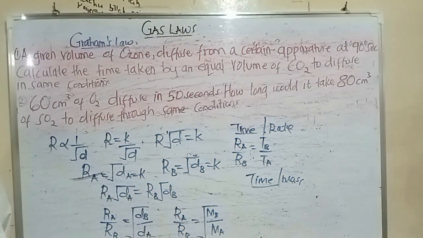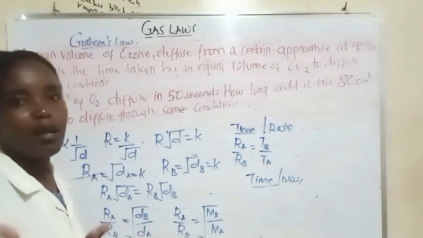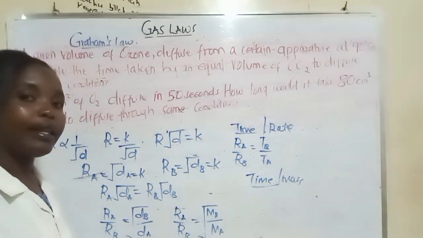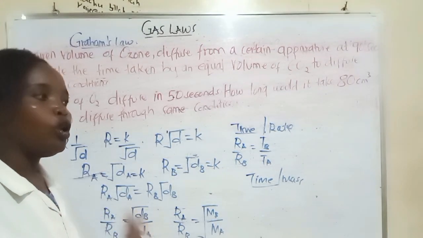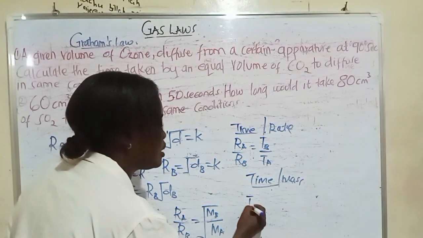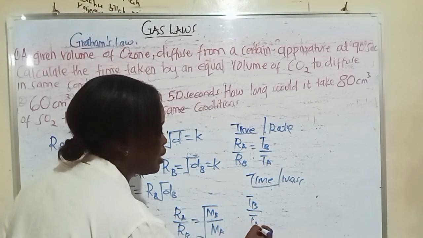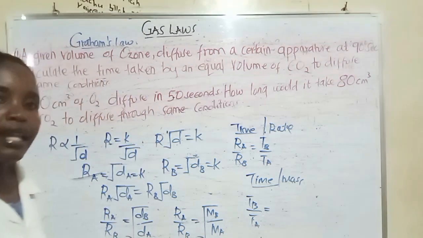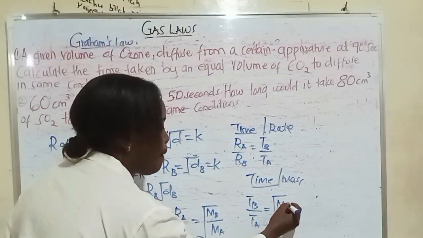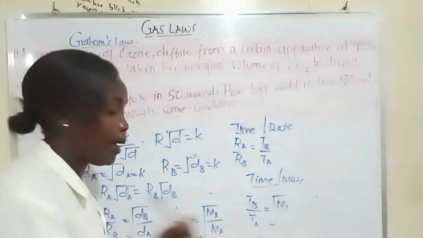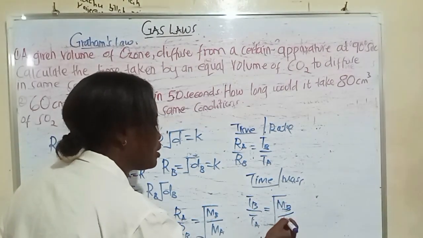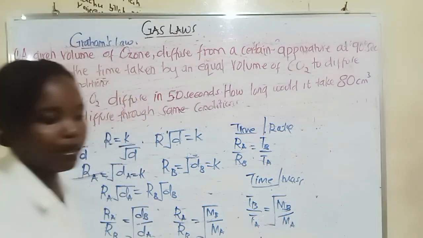This means that gases which have a high molecular mass are going to diffuse at a slower rate compared to gases which have low molecular mass. So Tb over Ta is directly proportional to the square root of Mb over Ma.